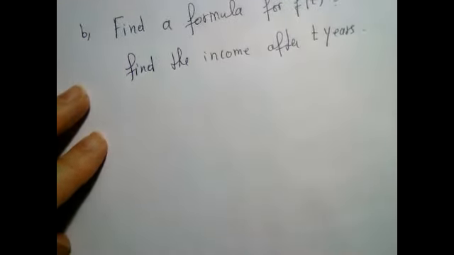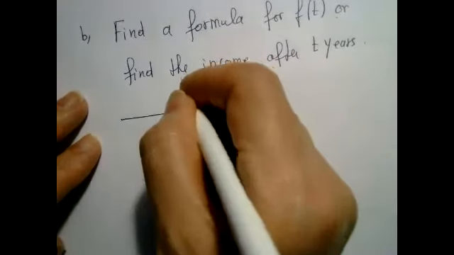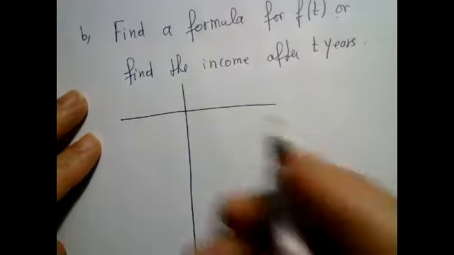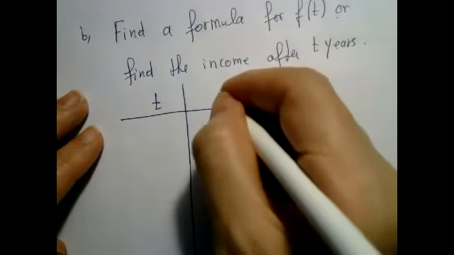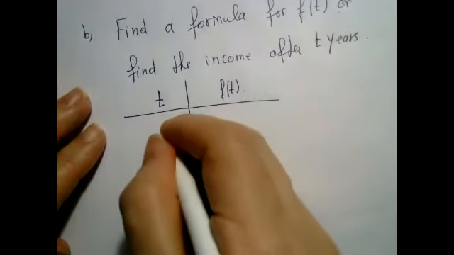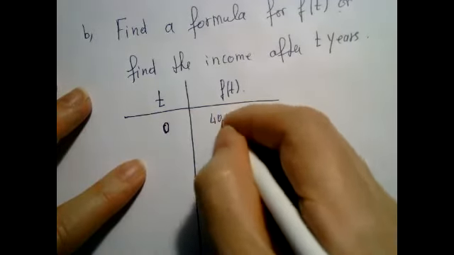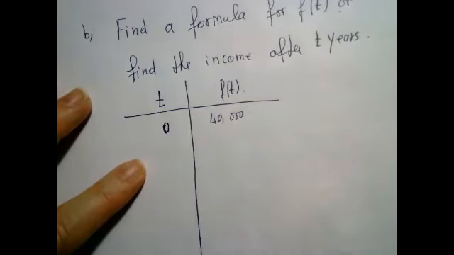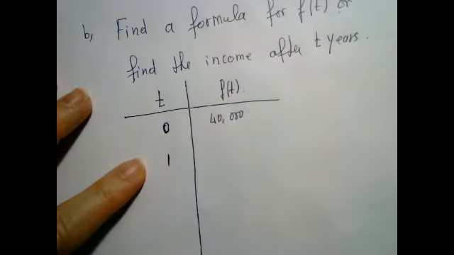Okay. I'm going to make a table and you guys will have to help me out to see the picture. If you understand this table, we are doing fine. So this is t, and this is f of t. At t equal to 0, initially it was 40,000. After 1 year, what was his income?